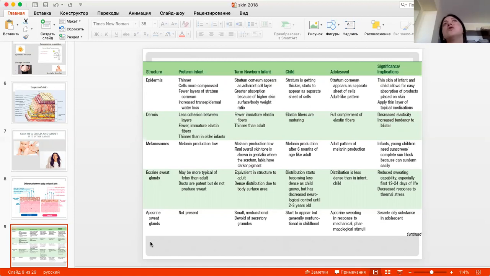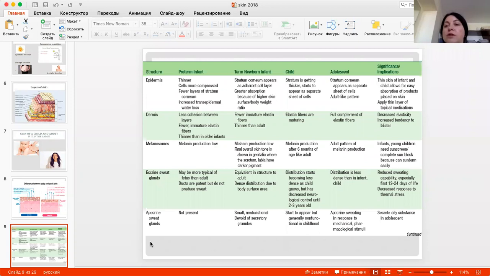There is almost no pigment there. The skin is extremely transparent. The vascularization is well visible. Skin is covered with lanugo, the hair of a newborn child. The sweat glands are not developed yet at all, especially apocrine. Eccrine glands are underdeveloped, but they are present.